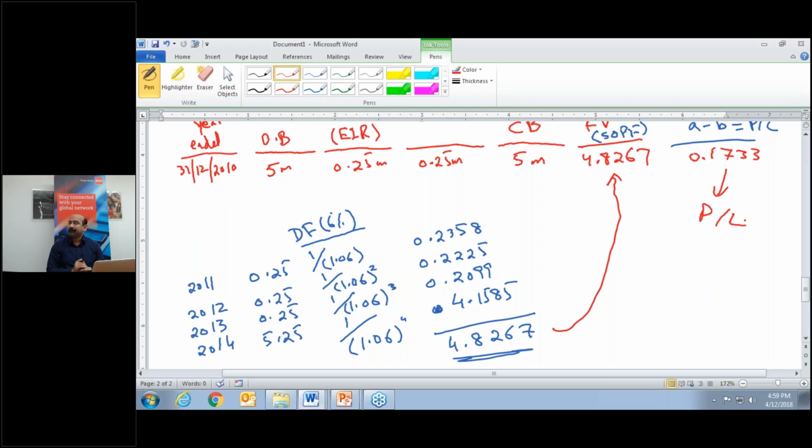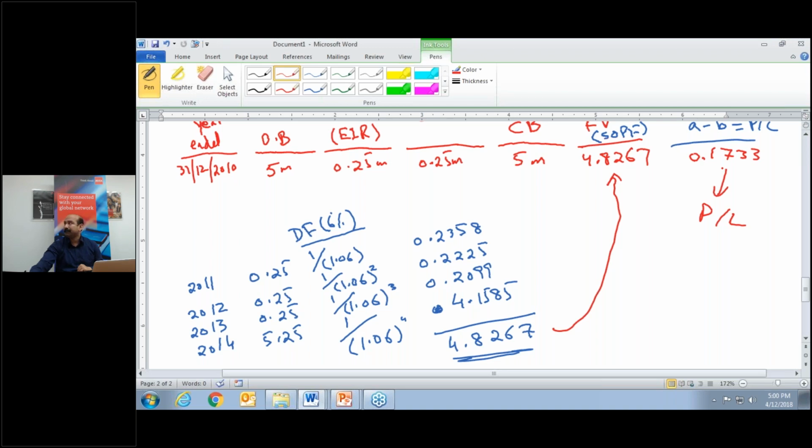But the value before the determination of this fair value is basically 5 million. The carrying value of the financial asset is 5 million, and this is the fair value. The difference will be credited to the, no, here it will be debited because fair value is decreasing.